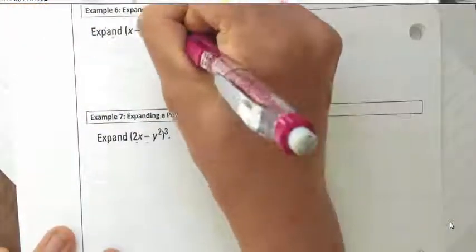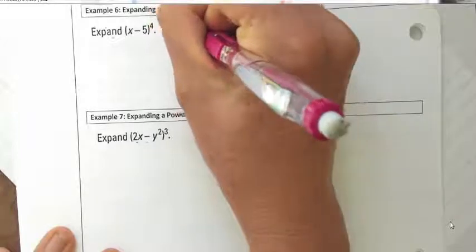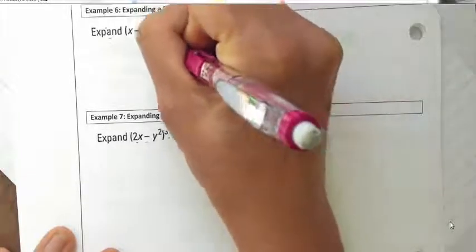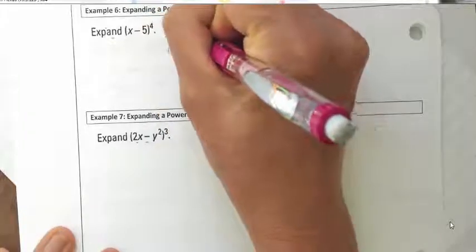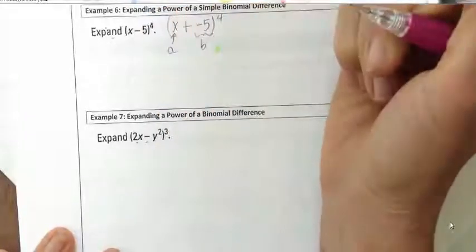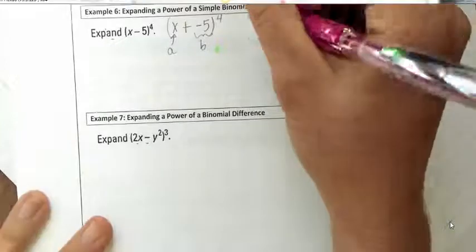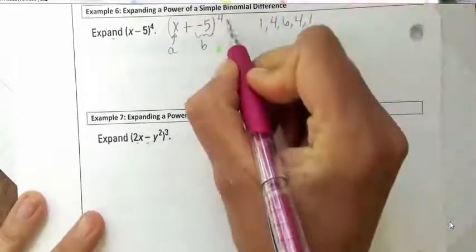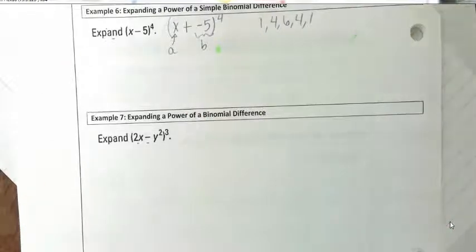Because really, this is x plus negative 5 to the 4th, right? So we'll make x our a, and our b here is going to be negative 5. We're going to use the same coefficients, 1, 4, 6, 4, 1, because it's to the 4th power. So you'd want to go to the 5th row down on Pascal's triangle, right? Because we start with row 0. So actually the 4th row down, but if you're counting, it's 5 rows down.